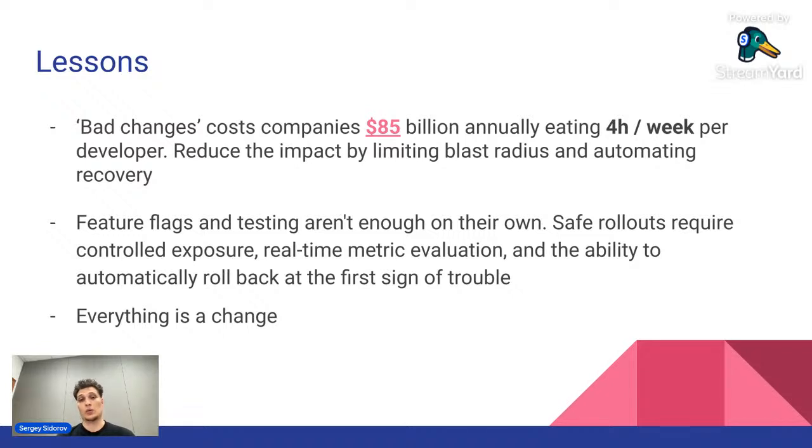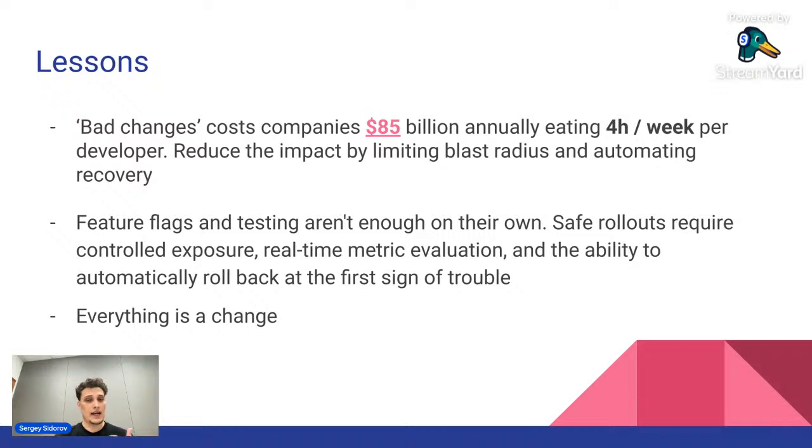They have to work on troubleshooting, debugging, investigations. And according to one of the research by Stripe, it's actually quite a big number. It's 4 hours per week per developer spent on this routine, which is equivalent to slightly more than 80 billion dollars annually, which is a huge number.